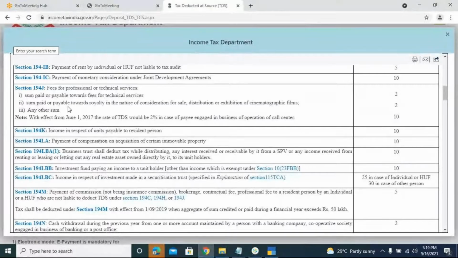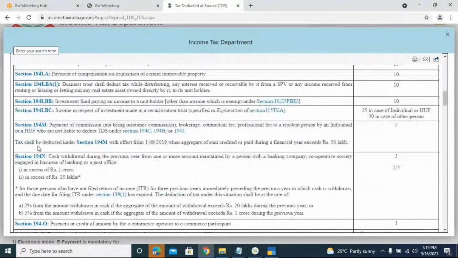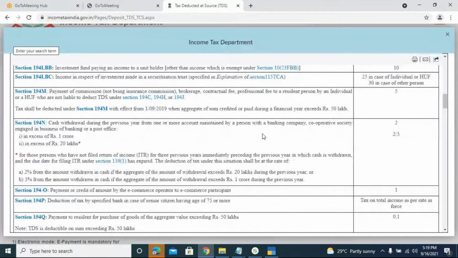Now, income in respect of units payable to a resident person, 10%. In case compensation has to be paid on acquisition of immovable properties, again we have 10%. So like this we have all the entries which are subject to TDS.